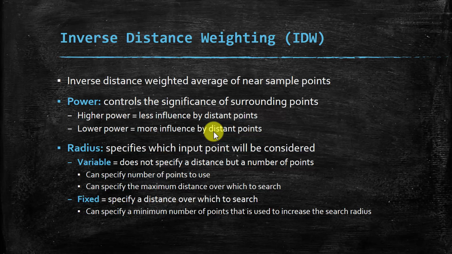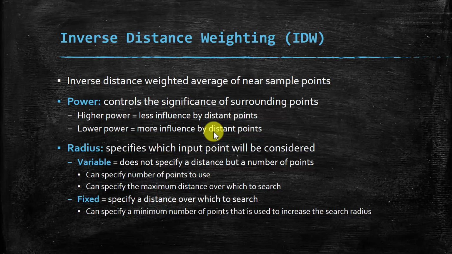Note that you can specify the number of points to use, but you can also set a maximum distance. So if you say 12 points, but there aren't 12 points within that defined distance, it'll just use the points within that defined distance. Another option for the radius is a fixed radius. You specify a distance over which to search, and all the points that fall within that radius will be used.